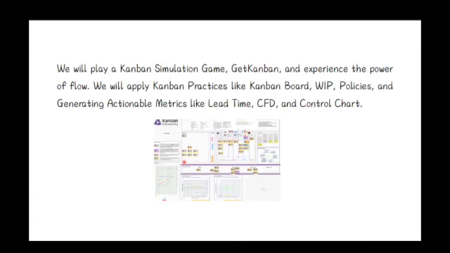So we allow you to mark your charts when these events happen so that you can see what changes they brought to your flow. And then it gives you enough chances to control and optimize your flow of work. So it's a Kanban simulation game that you play to start your Kanban workshop journey.